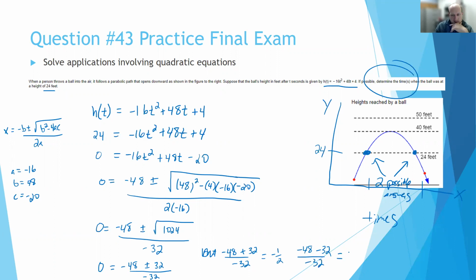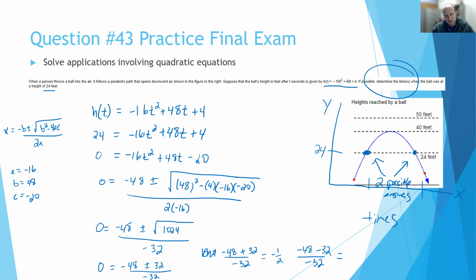And then negative 48 minus 32 over negative 32. Negative 48 minus 32 is negative 80, divided by negative 32.